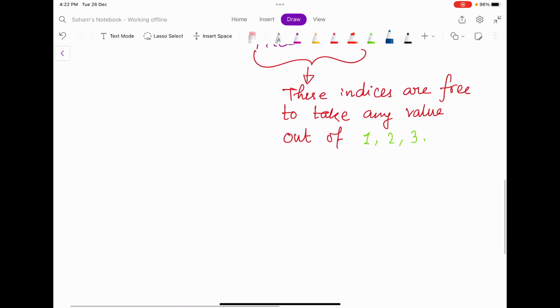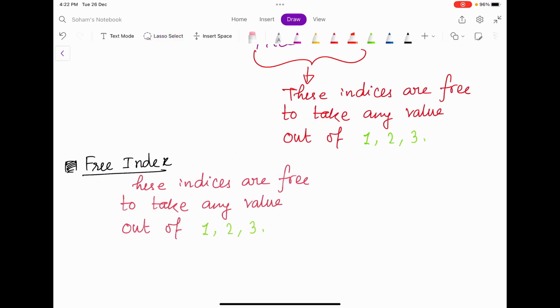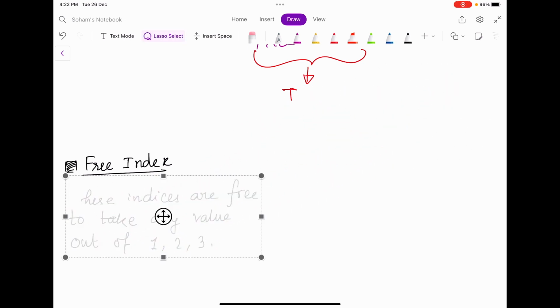Okay, so now as I have introduced the thing free indices or a free index, what do you mean by a free index? So this will be our first point.